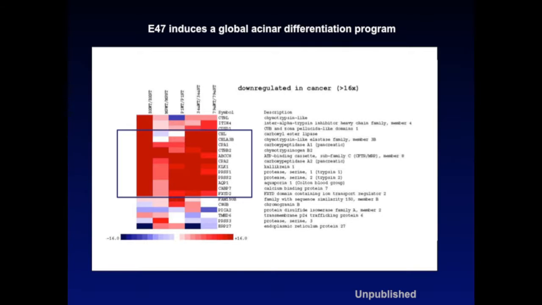And what you can see here is they uniformly upregulate chymotrypsin and carboxypeptidases and elastase. And although this scale ends at 16-fold, some of these are in the hundreds-fold in the RNA-seq data.